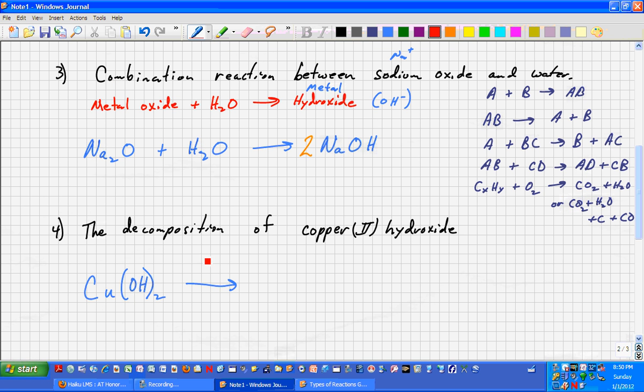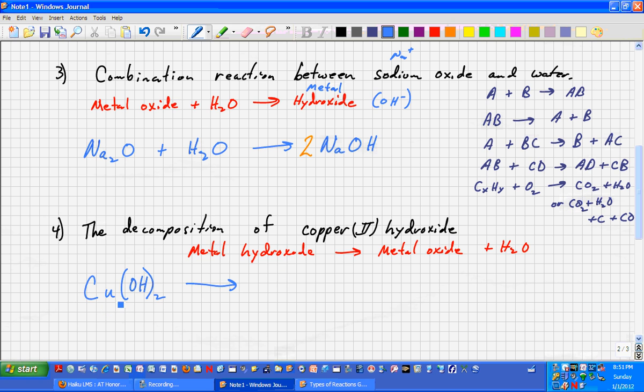So we know that metal hydroxides, essentially what we're doing is the reverse of the reaction that we just did. Metal hydroxides will decompose into a metal oxide and water.